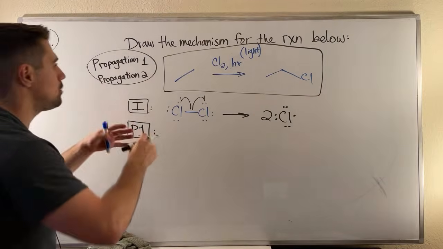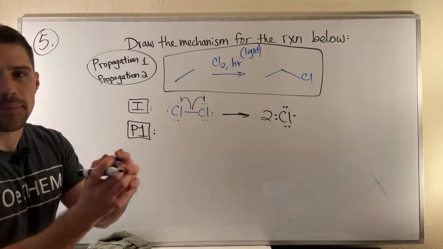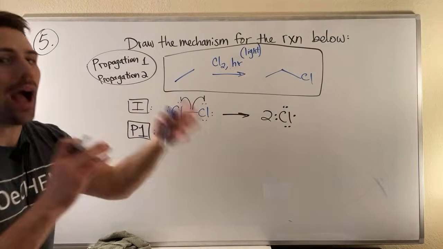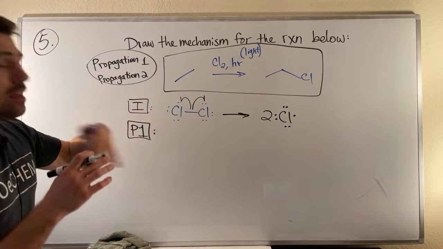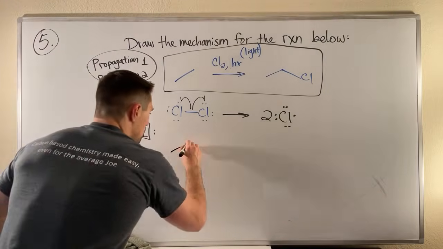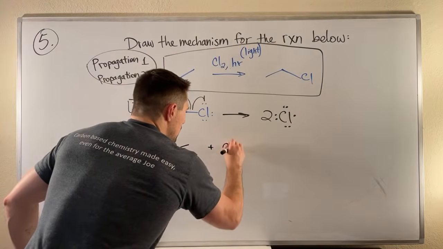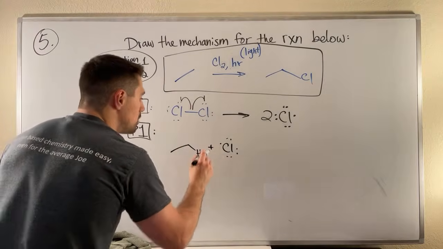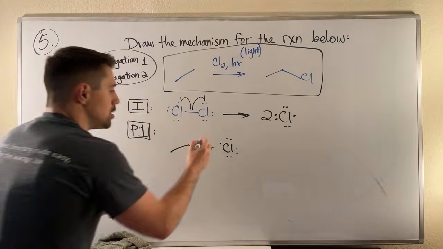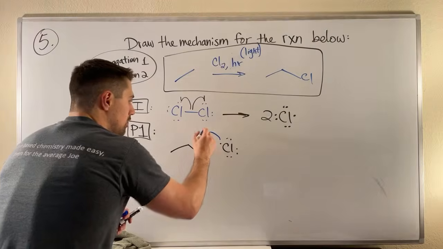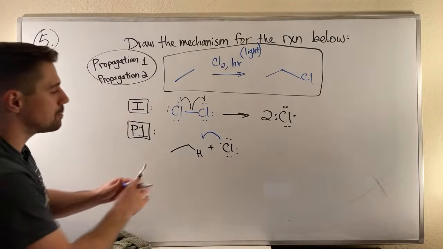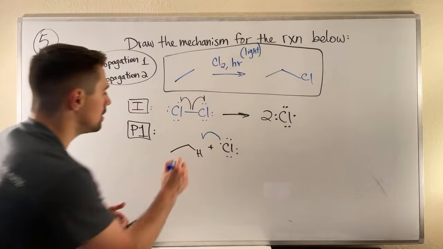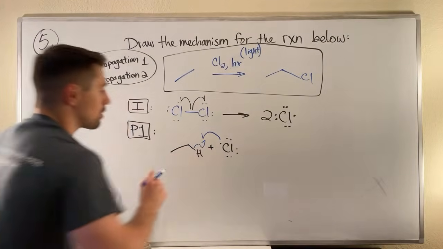P1 and P2 are the juicy steps that give you your haloalkane, your alkane with that halogen on it. So in P1, you have to expose a C-H bond, and then this chlorine comes in, and the chlorine radical wants to bond with this hydrogen. For this hydrogen and the chlorine to get together, each one needs to come together with 1 electron.